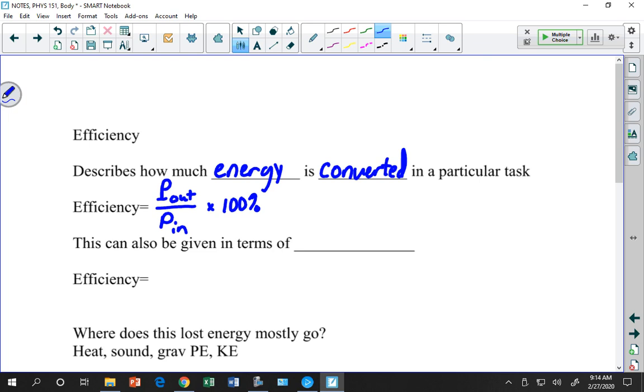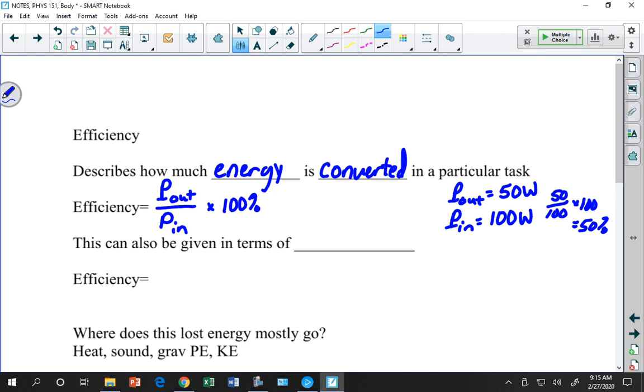So, for example, say if I get out of a system a power of 50 watts, but I've put in a power of 100 watts, then what's going to be my efficiency of that system? 50%, right, so it's just 50 over 100, that's a half, times 100, so that's equal to 50%.